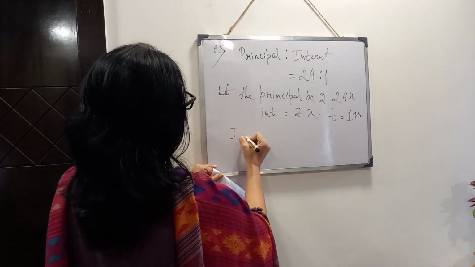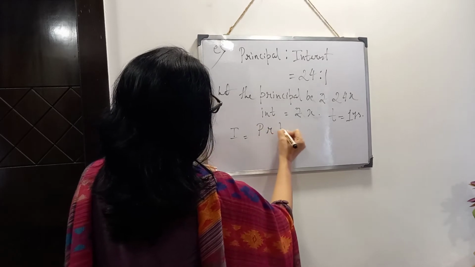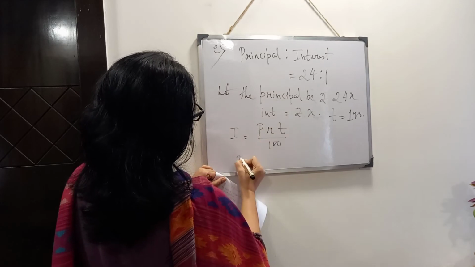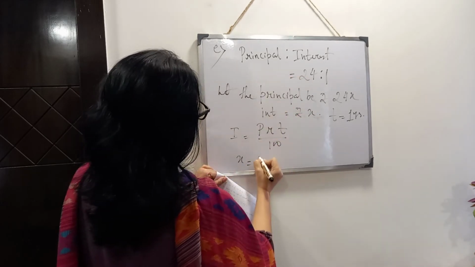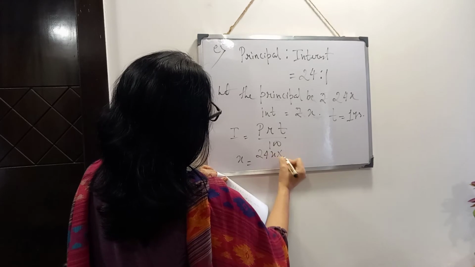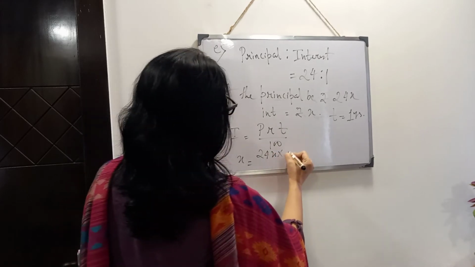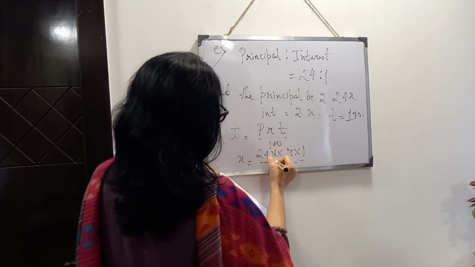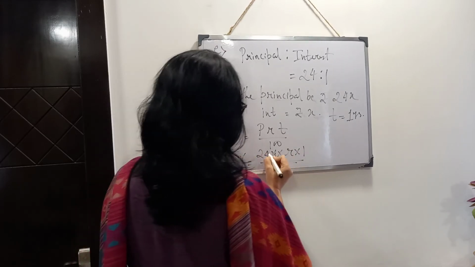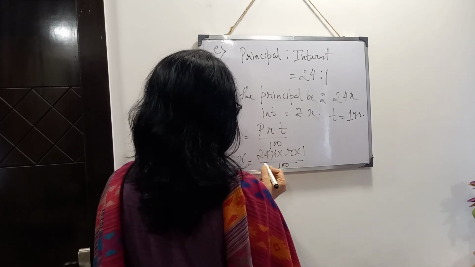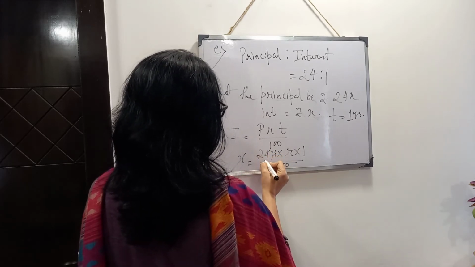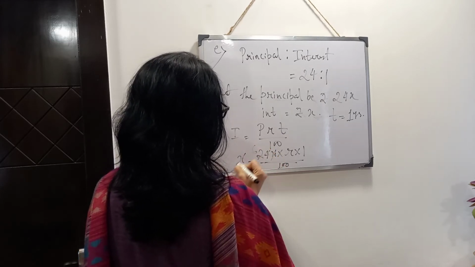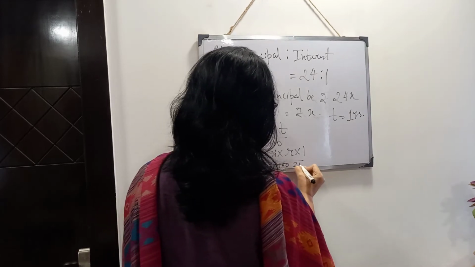So I equals PRT by 100. Our interest is x and principal is 24x. Rate of interest is not given, T is 1 year, by 100. So x you cancel. Here by 4 we can cancel, 4 6 and 4 25.